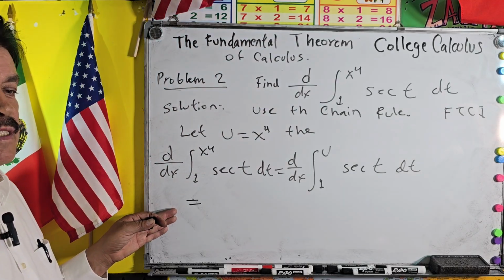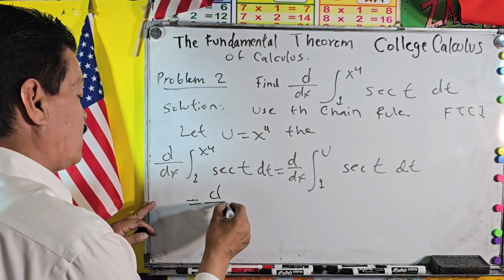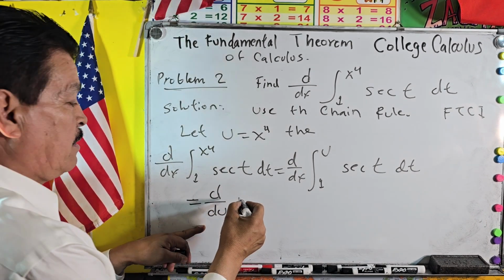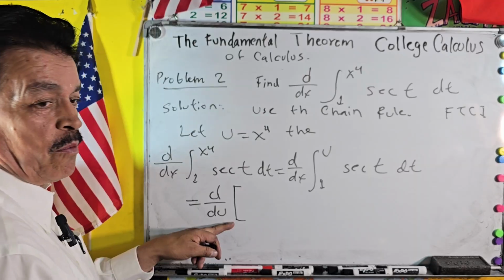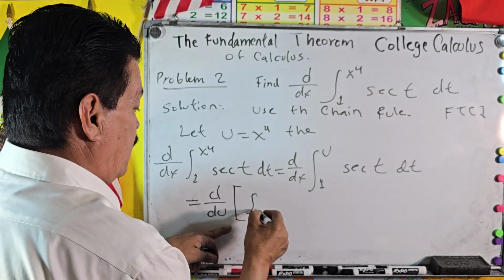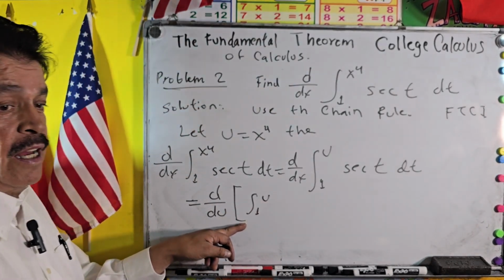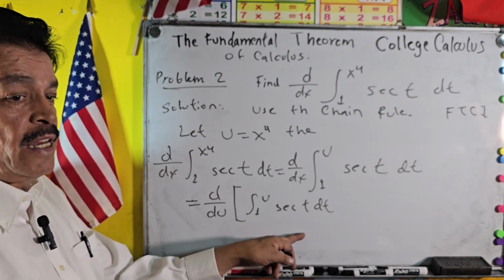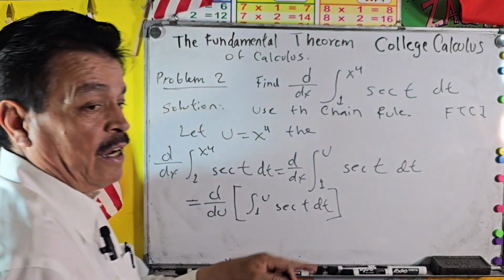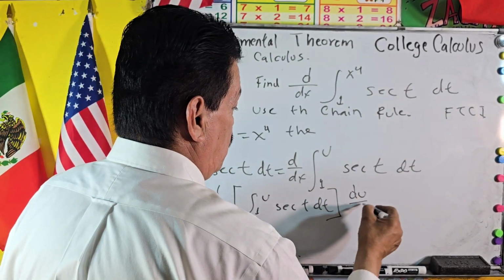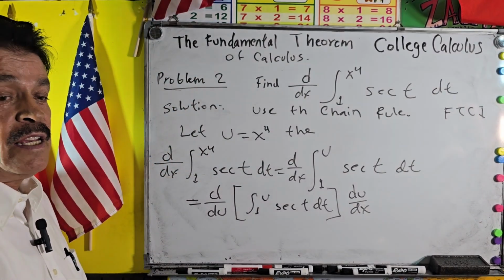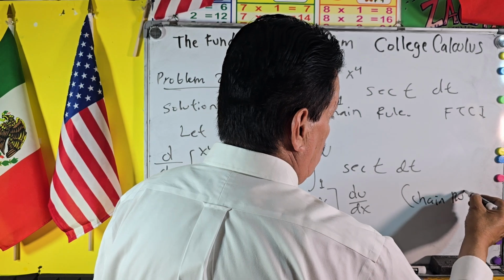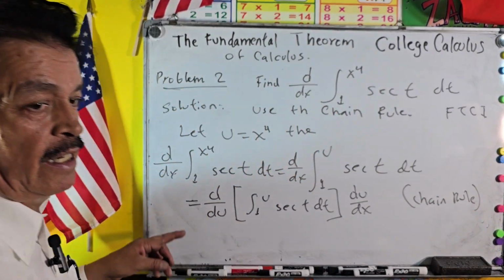So how do we conclude this? It will be equals d over du, right? d over du. Let's make an open bracket right here. So integral from 1 to u of sec t differential t right here inside the bracket. Then times du over dx. Okay, here this is the chain rule.